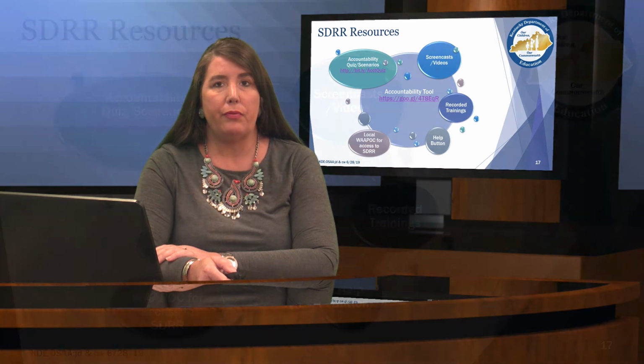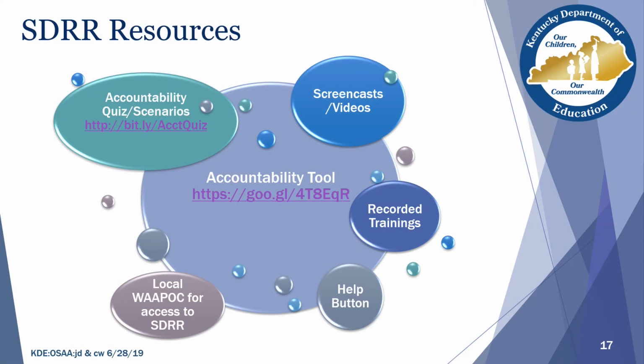Some other resources for you. We always have different additional things to help you with SDRR, like how to add a student. We do have screencasts that will help walk you through that. We do have this recorded training on case screen that will assist you. We have the help button.